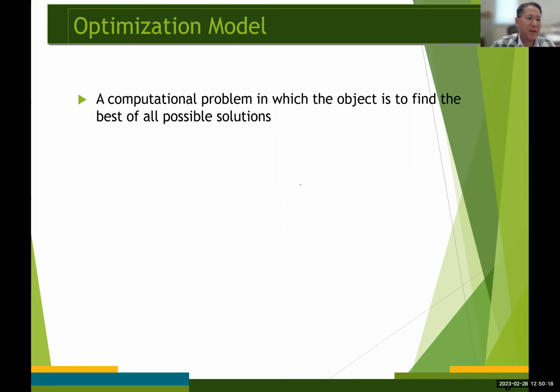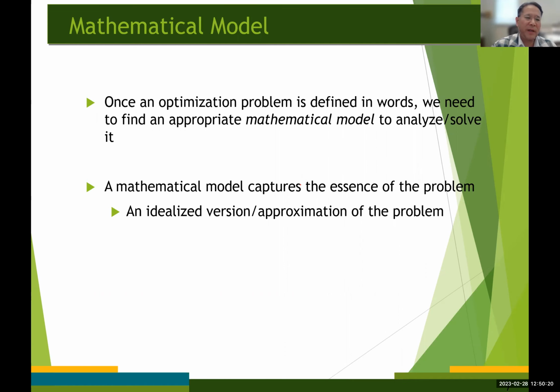Once the optimization problem is defined in words, the next phase is to reformulate it in a form that is convenient for analysis. The conventional operations research approach for doing this is to construct a math model that represents the essence of the problem.